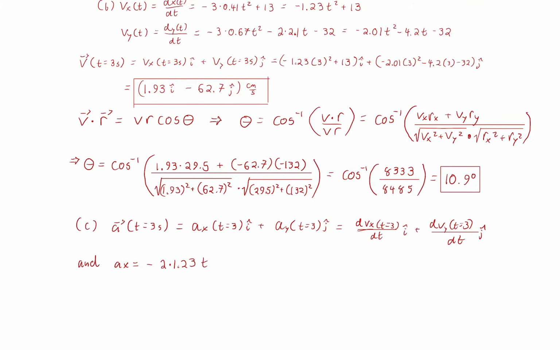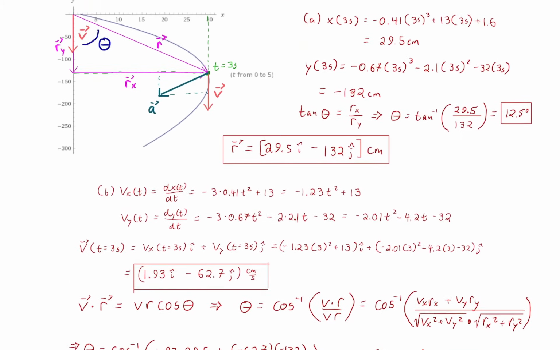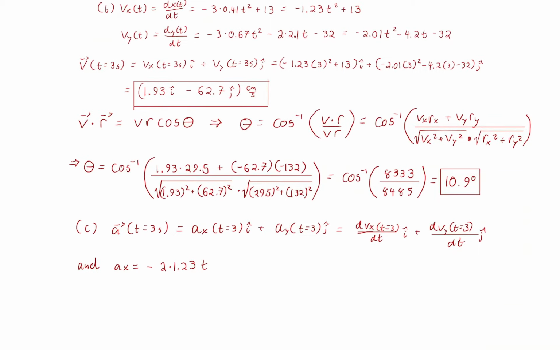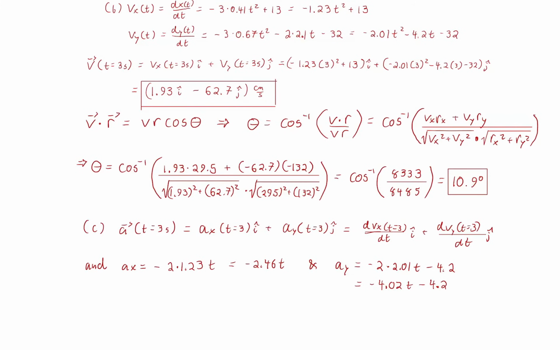When I do this, I'm then going to show one extra step. I'm going to show that the x component of acceleration, which is just taking this original function and taking its derivative with respect to t, time, twice, I just get negative 2 times 1.23 times t, which is just negative 2.46t. Then I do the same thing for y, and I'm going to get negative 4.02t minus 4.2.